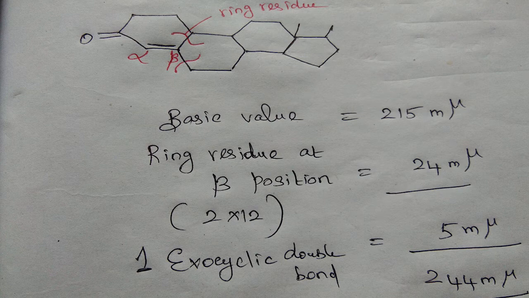So the basic value is 215 millimicron, 2 beta ring residues, so 2 into 12, 24 nanometer, and this compound has 1 exocyclic double bond, so we add 5 millimicron. So the calculated value is 244. The observed value is found to be 241.